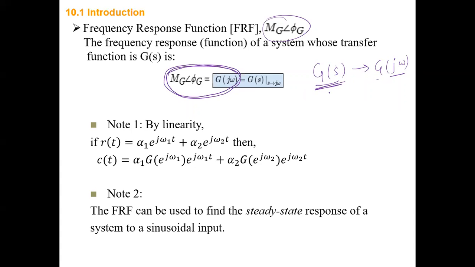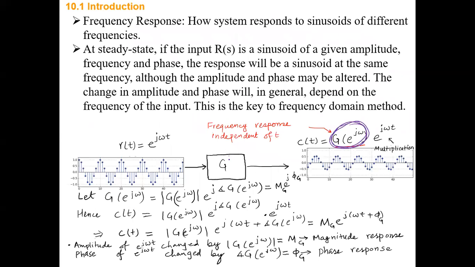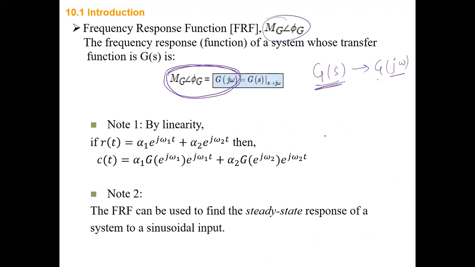That's what we figured out right now. If your system is G(s), the frequency response is this. Meaning, you simply change your s to j omega. Mathematically, it's that easy.